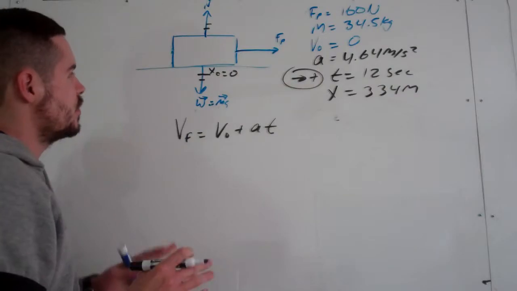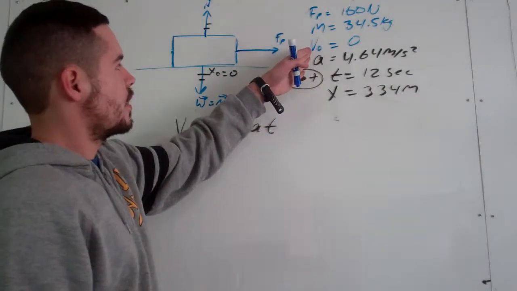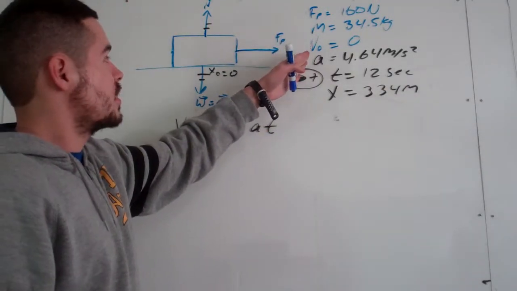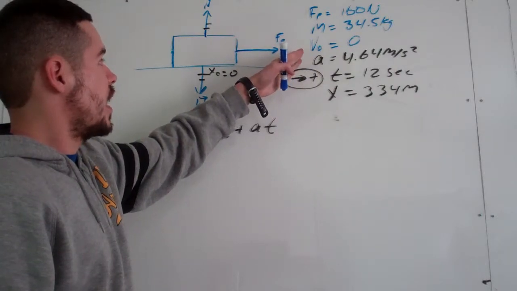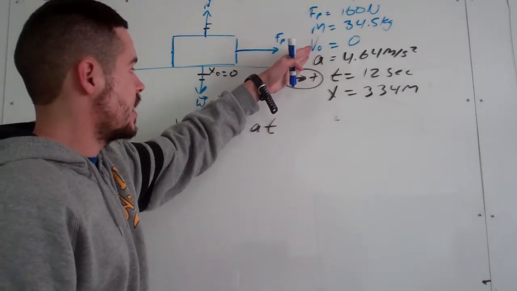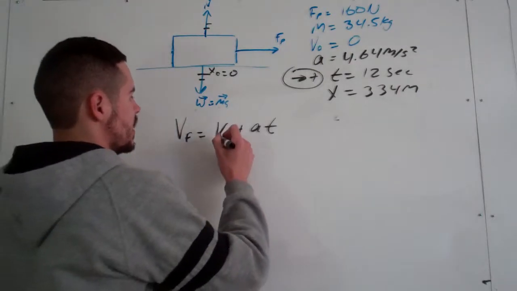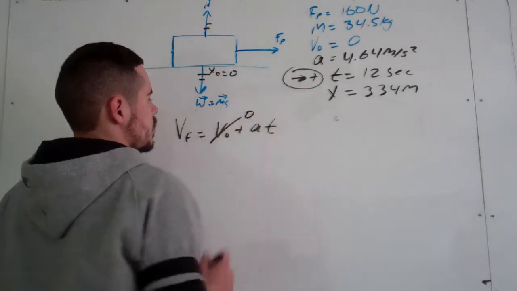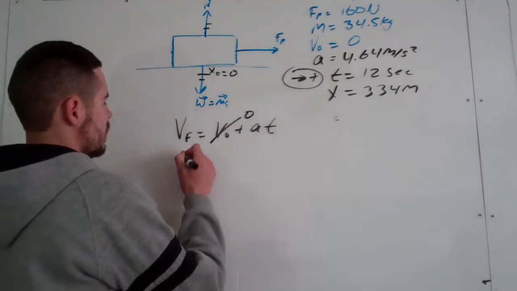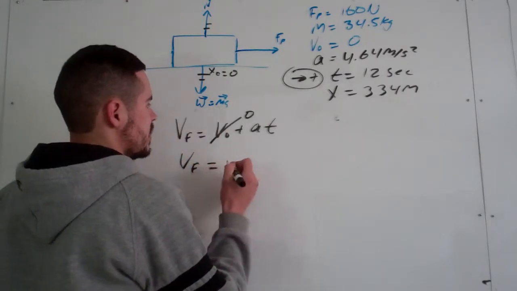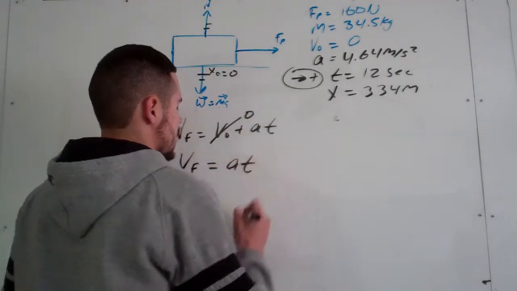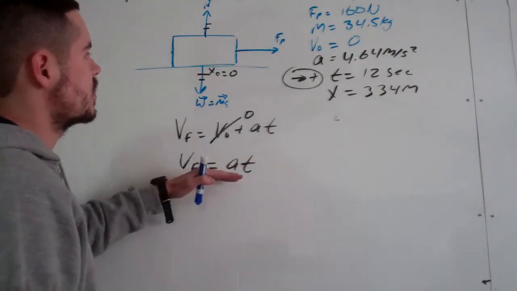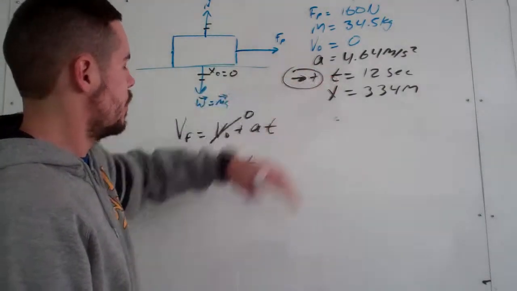Our crate starts at rest, so let's make the initial velocity 0, and now we're left with the final velocity equal to the acceleration times the time. And we already have all this information. We have acceleration, we have time.